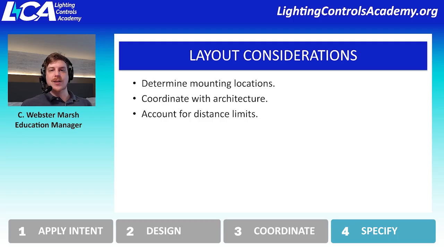And so when you're really looking at that architecture and the layout, you want to think through distance limitations, such as if you're using wireless, how far away can devices be from each other before your signal starts to degrade, especially in a mesh-based system. Mesh-based systems are great for large areas with lots of devices within them. They're not so great for long, thin areas that just have a single chain of devices. So those are things to just consider as you're looking at the device layout.